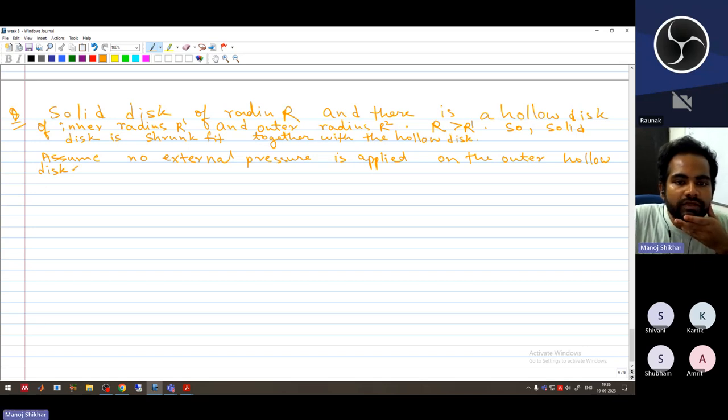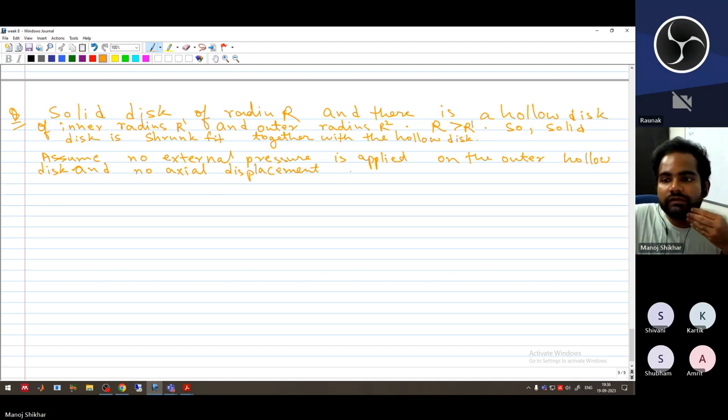And you have to also assume no axial displacement is allowed in the disks. So they have given you that uz equal to 0 in the two disks.